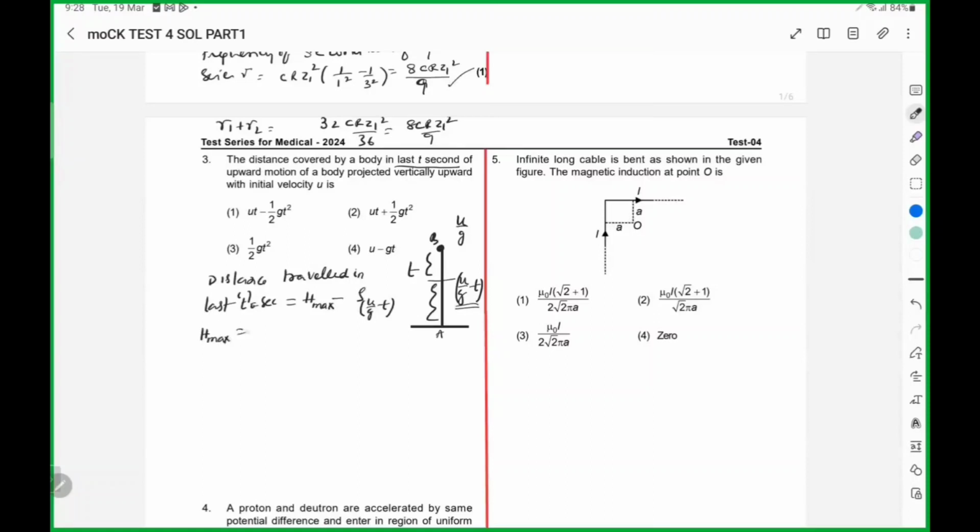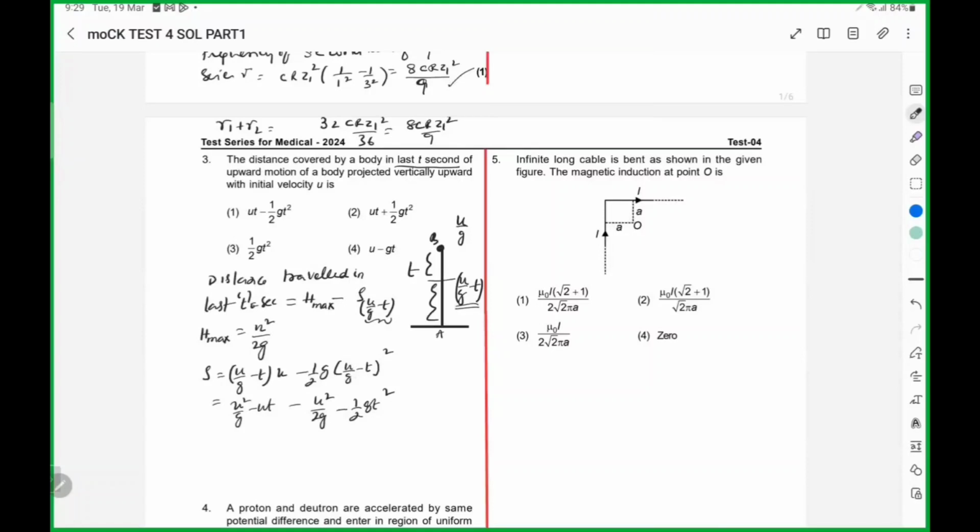H maximum is a known formula. So distance traveled in this time will be u into the time minus half g into u by g minus t whole square, which is u square by g minus g u square by 2g, here minus of g t square.